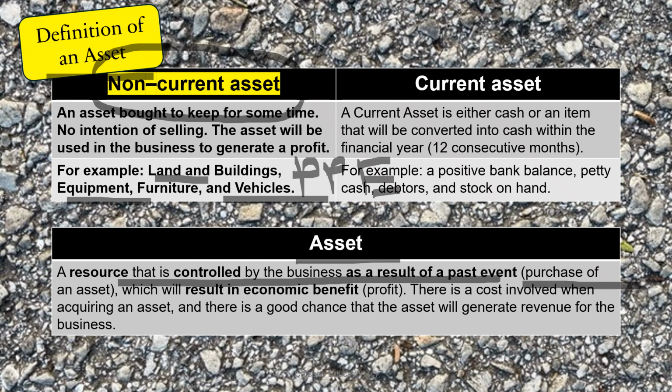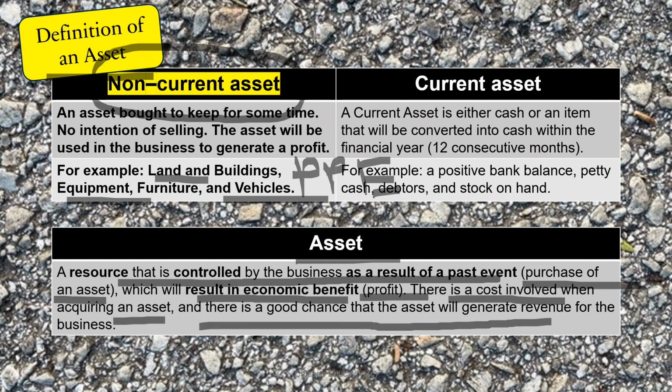That just means a purchase of an asset, which will result in economic benefit, a profit. There is a cost involved when acquiring an asset, and there's a good chance that the asset will generate revenue for the business. So a little bit more about the definition of an asset. But like I said, we're going to be working in this series with non-current assets.